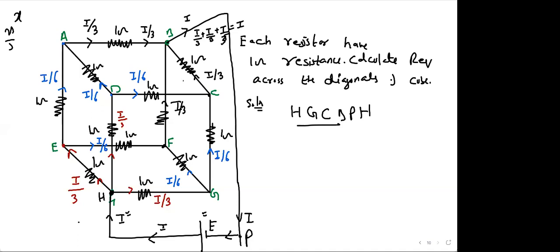No, Ahmed. Yes, Abdullah. Write the value of I, yaar. I in terms of E. I don't know what you're doing.